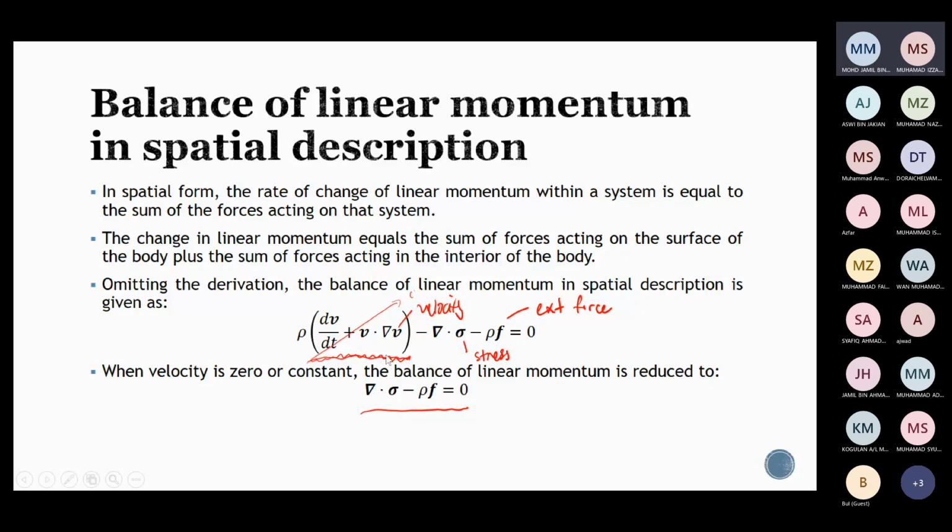For example, in your finite element classes that you have taken, the finite element method is similar to a numerical method, in which you solve this kind of equation by making some approximation. So it is not as accurate as solving this manually.